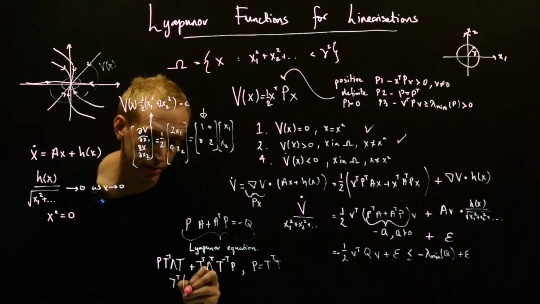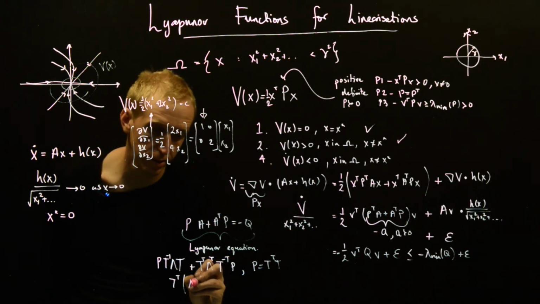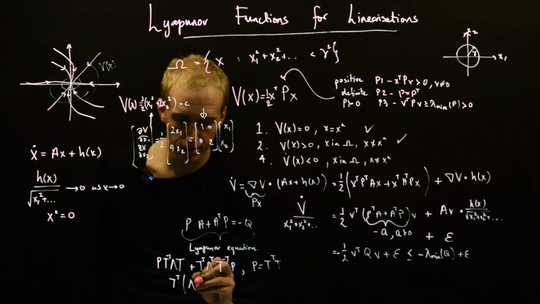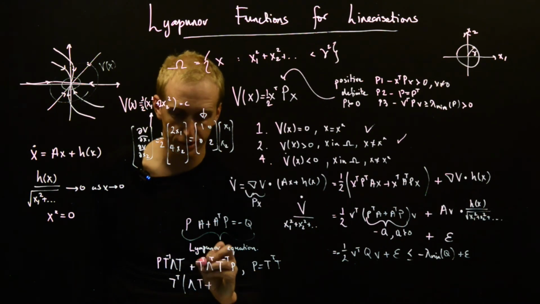Now you see this T will cancel with this T inverse, and I get a lambda T, and then plus I've got a T transpose here.